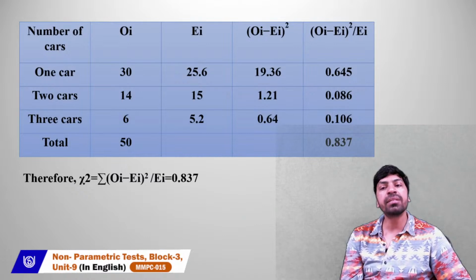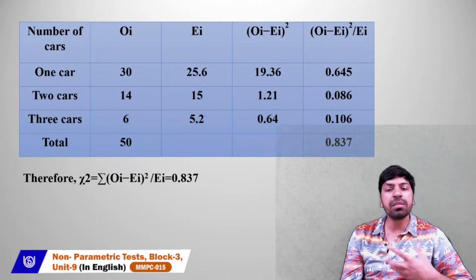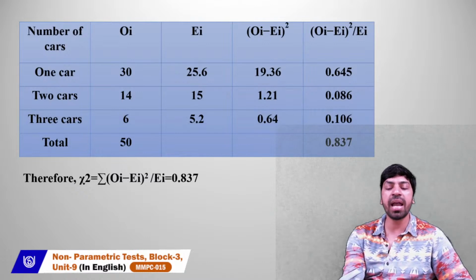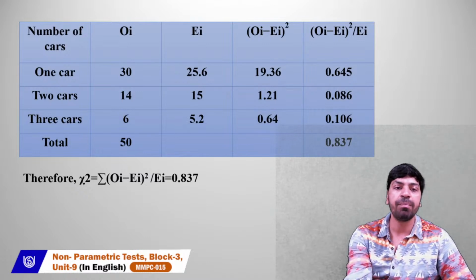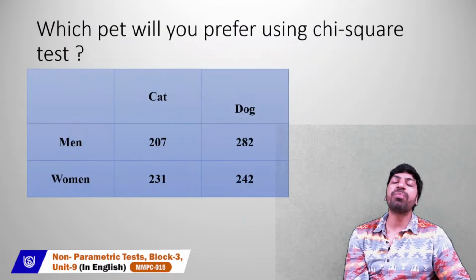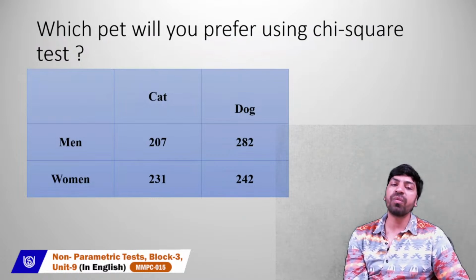This value is called the chi-square value. We can also look at another version of the question, using the chi-square test based on rows and columns. This is a question of which pet you will prefer, using the chi-square test.